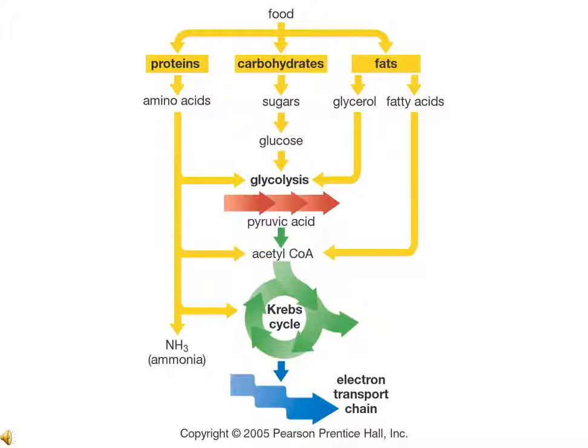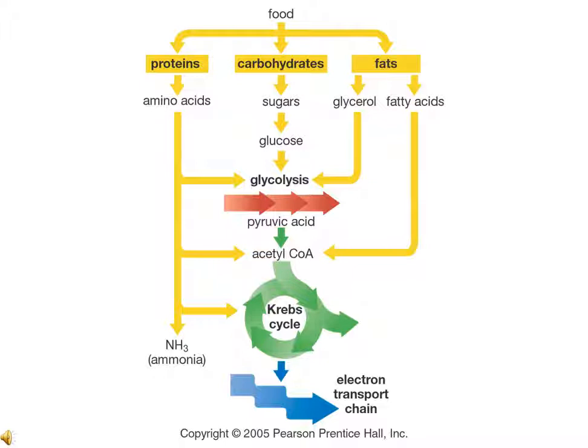But we eat other food as well. An organism will utilize proteins, fats, and so on. Now, no matter what macromolecule we utilize as a nutrient, each molecule can be broken down and somehow find its way into the system that we discussed. If you look at fats to the right, fats can be broken down to glycerol and fatty acids.